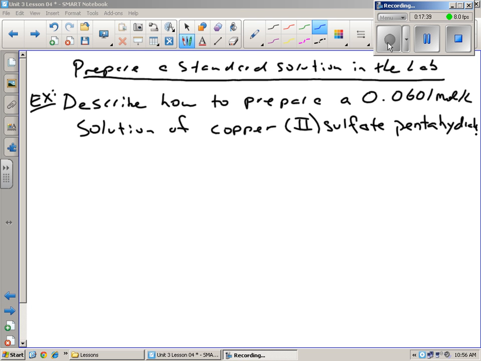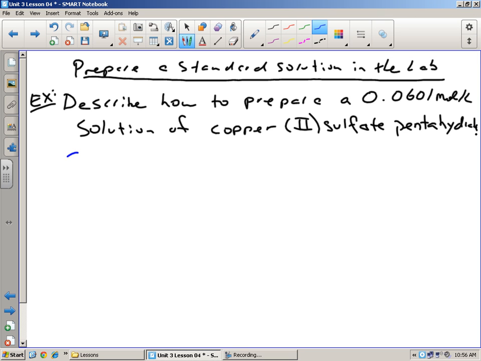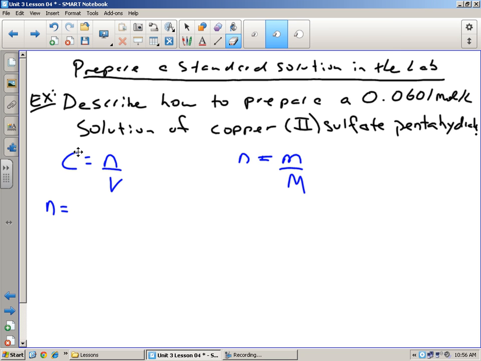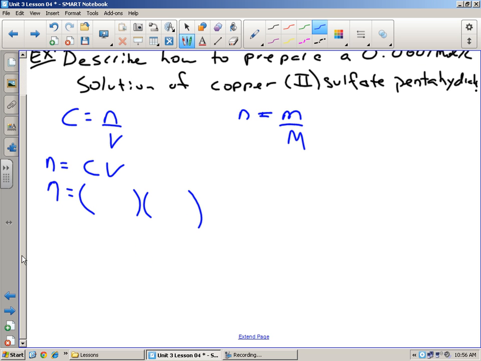All right, so we need to, once again, use these two formulas here to figure this out. So we're looking for n here, because of course we need to use that with the molar mass. So we have C times V, of course. We know C. Once again, you need to look at these questions.